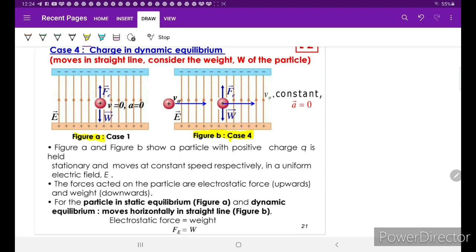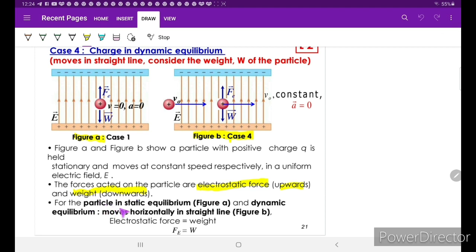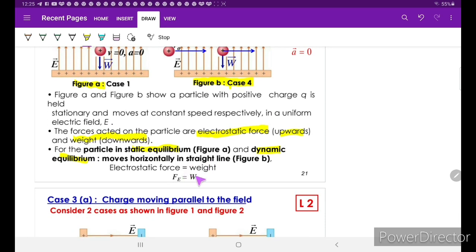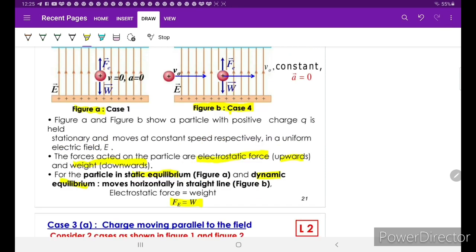Okay, let us read here. Figure A and B shows a particle with positive charge Q, one held stationary, and the other, figure B, moving at constant speed respectively in a uniform electric field. The forces acting on the particle are electrostatic force, which is directed upward, and a weight which is directed downward. For the particle in static equilibrium, like figure A, and dynamic equilibrium, which moves horizontally in a straight line like figure B, the electric force equals the weight.